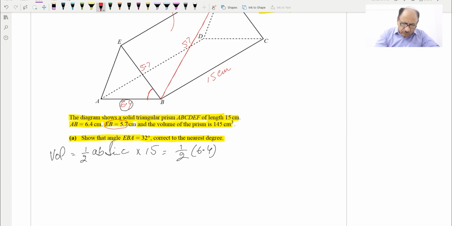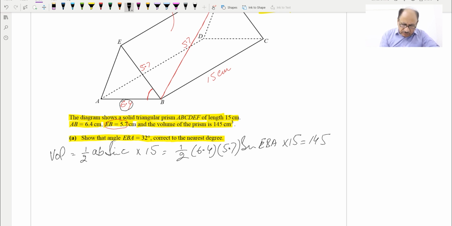So this will be 6.4 into 5.7, and sine of theta, sine of angle EBA, and this will be multiplied by 15, and volume is equal to 145, which is provided.